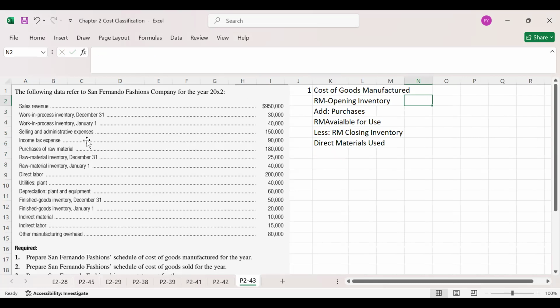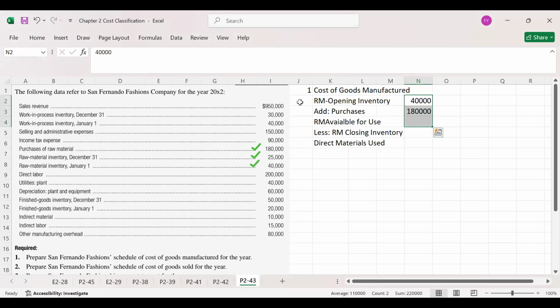We have raw material opening inventory. You can see January 1st inventory is your opening inventory, which is 40,000. Then we add purchases. Here purchases are also given. You can see here this amount is for purchases, raw material opening and raw material closing. So purchases amount is 180,000.